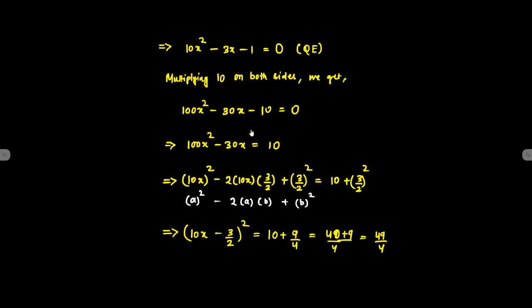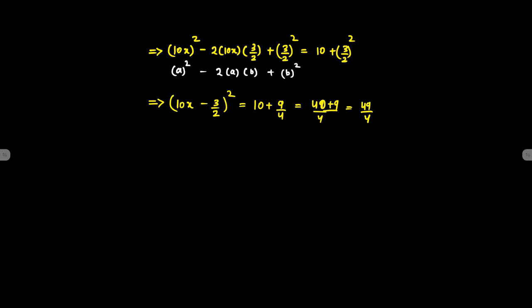That implies 10x minus 3 by 2 is equal to the square root of 49 by 4, which is equal to plus minus 7 by 2.